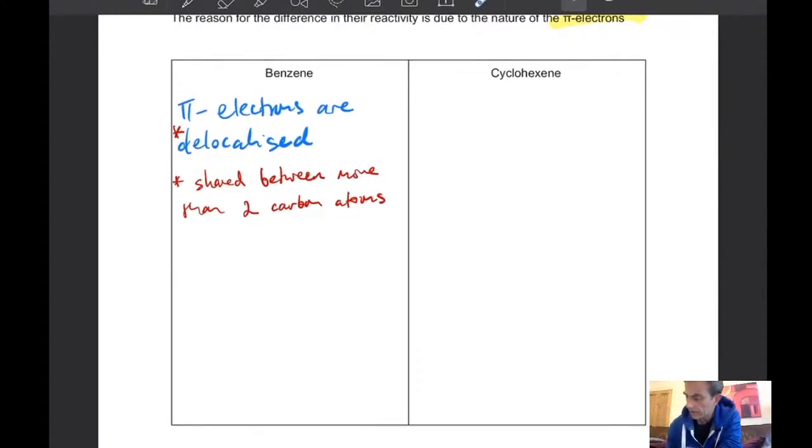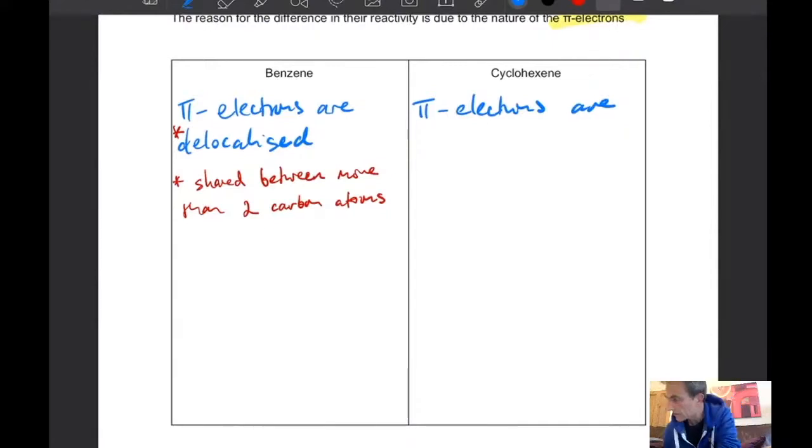So that's that one. Let's do the same for cyclohexane. The pi electrons in cyclohexane are localized. Ooh, Jack, it's not substitution at all, it's addition, I'm afraid. Sorry to cut you down on that one, but yeah, benzene has been monosubstituted, you're right, but cyclohexane has not undergone substitution, it's undergone addition.